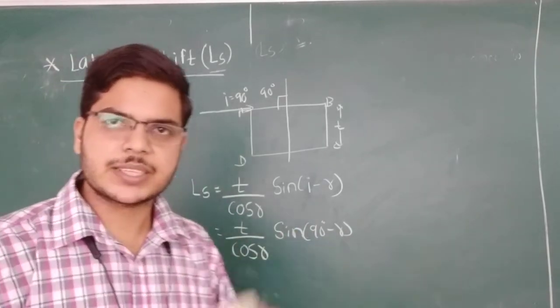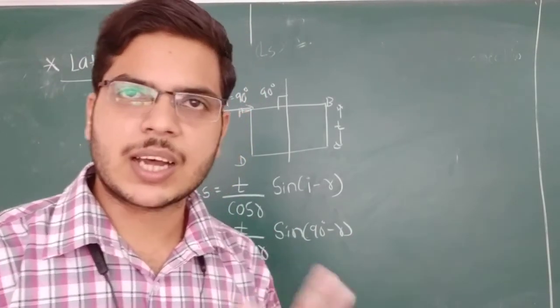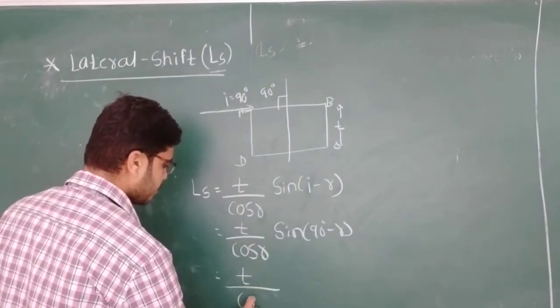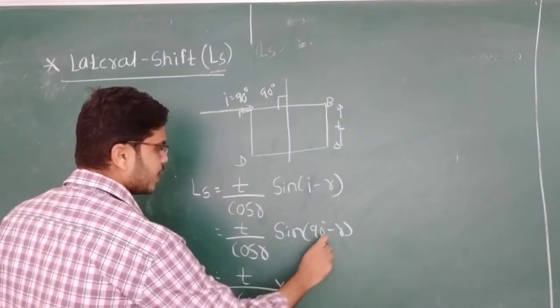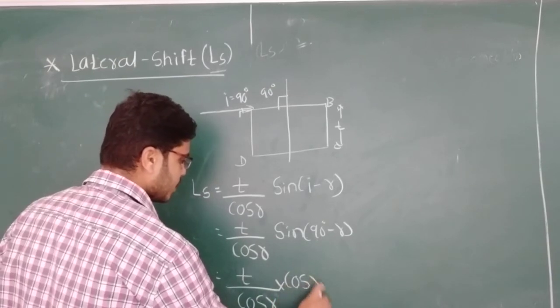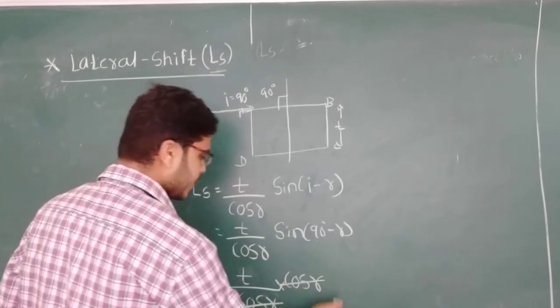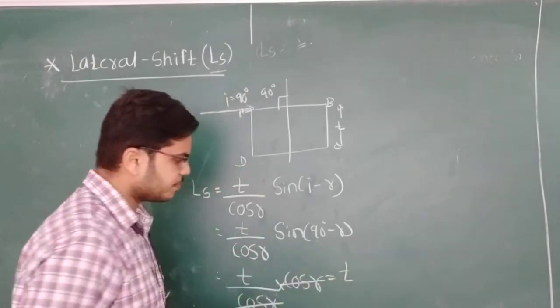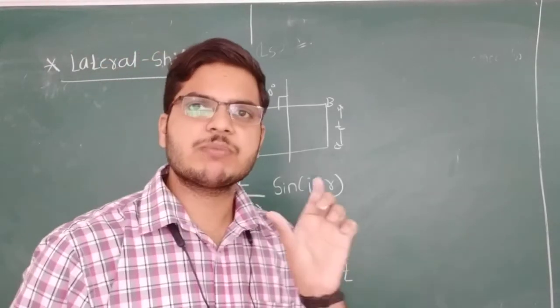Sin of 90 minus r is equal to cos r. Therefore it becomes t by cos r times cos r. Cos r gets cancelled. Finally, lateral shift is equal to t. We are getting the maximum shift.